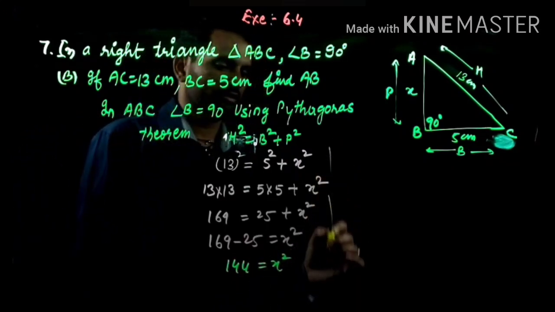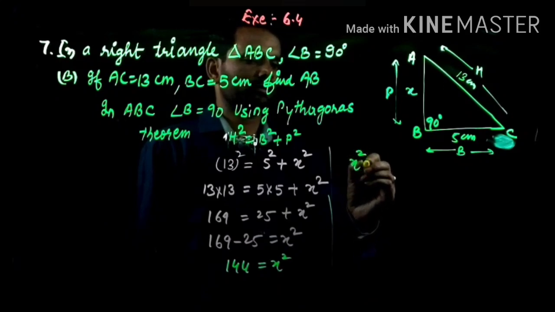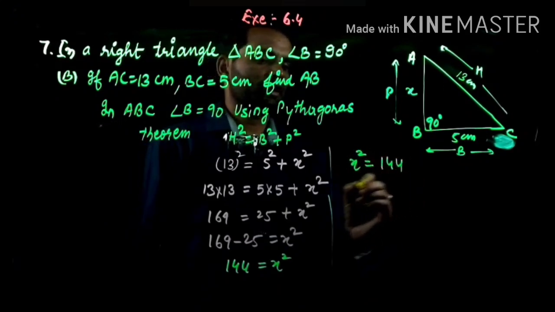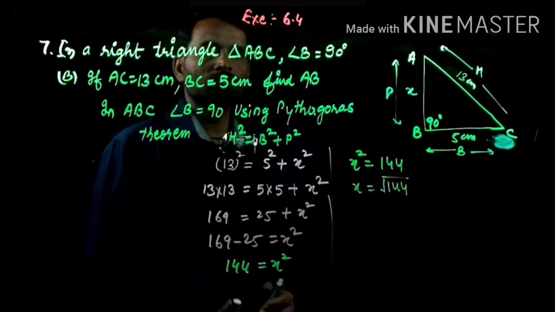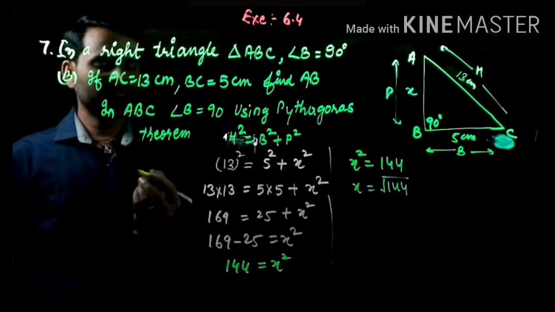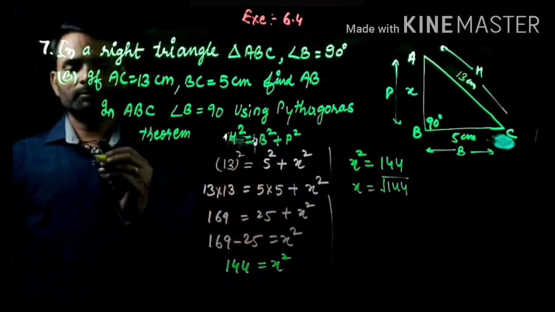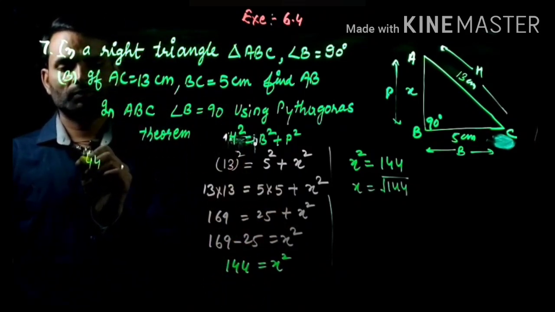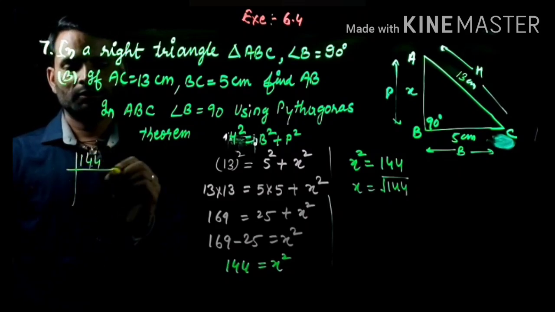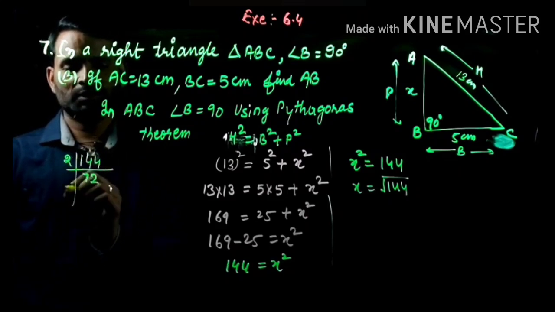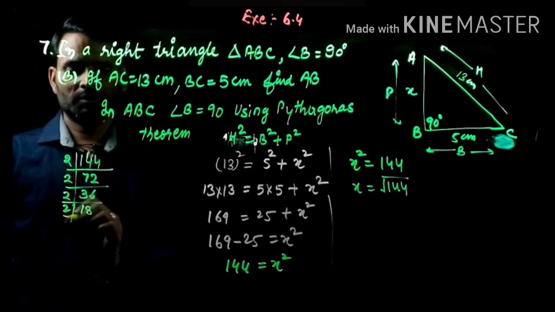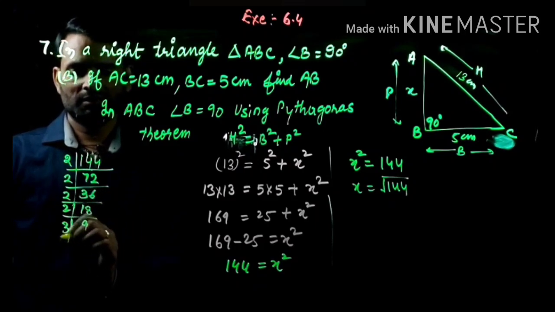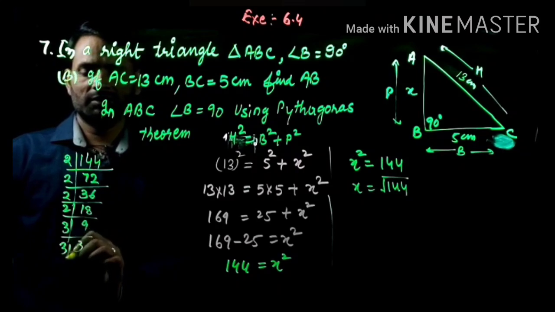This means that x square is equal to 144, so x is equal to root of 144, and for root of 144 you find the prime factor method. Division method is not important. 144: first 2 is 72, and 2 is 36, then 2 18, again 2 is 9, then 3 and 3 is 1.